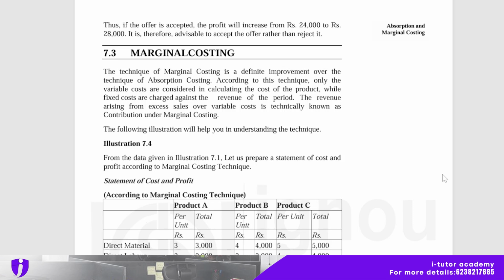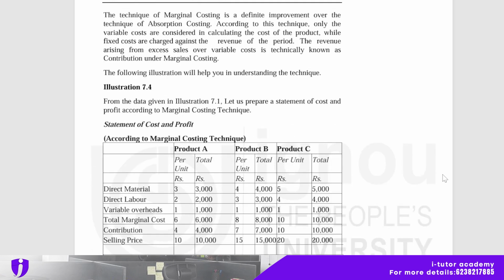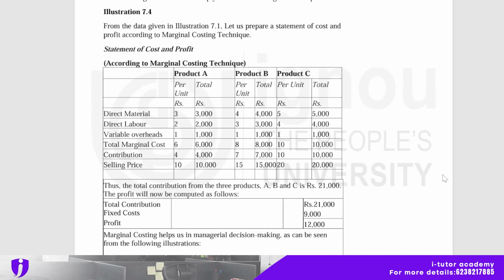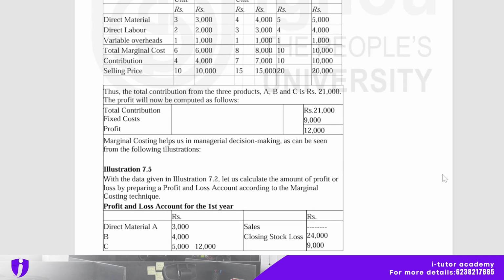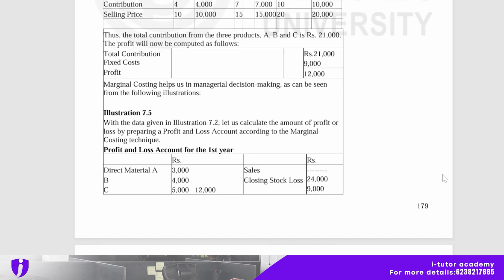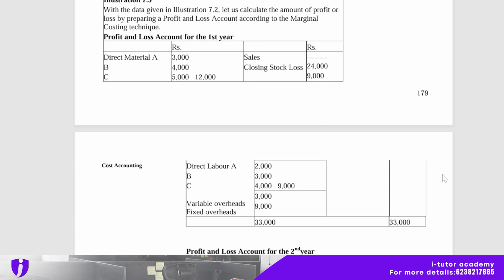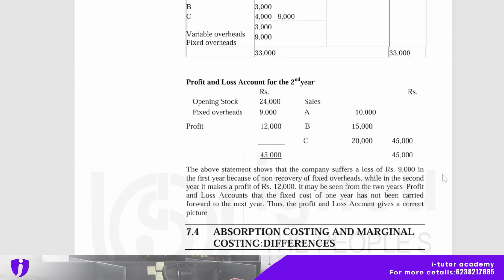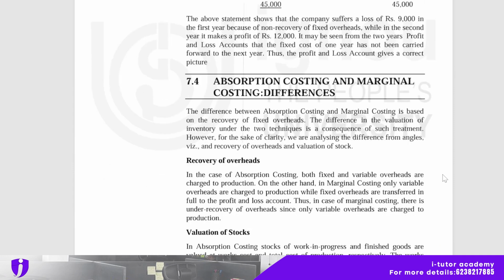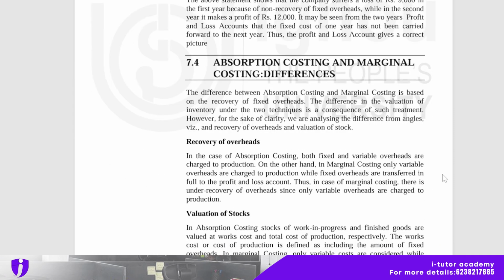So here is also an example and illustration section for marginal costing. You just go through your IGNOU material MBA MMBC 004. It will help you for your term-end examination also. You just practice.